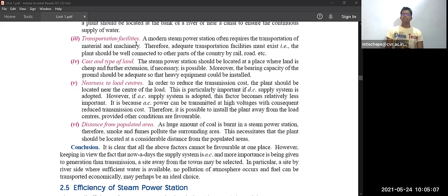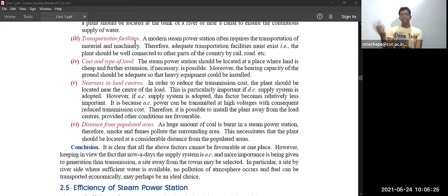Sometimes they may directly carry it by helicopter to the thermal power plant itself. Sometimes they may carry it in a goods train.